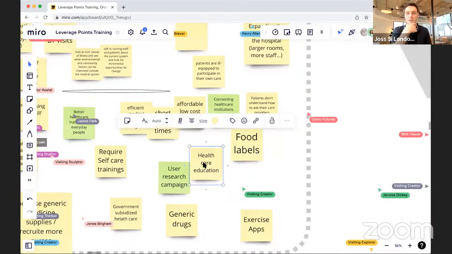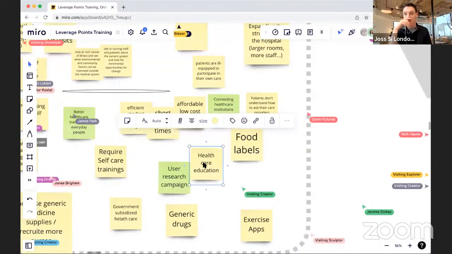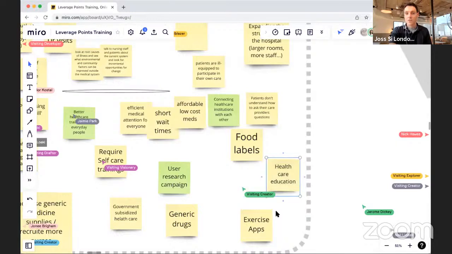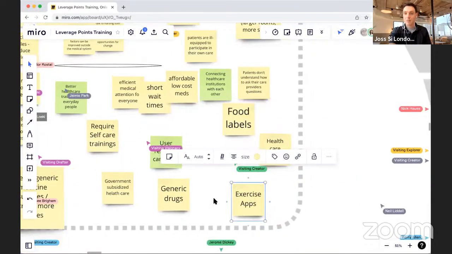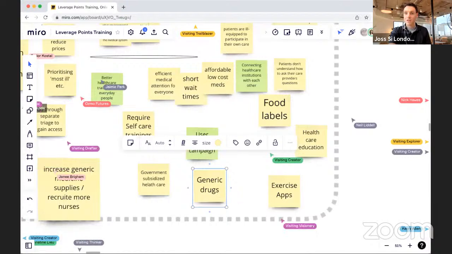I'd say healthcare education depends on what kind of education, but that might be getting to the mental models level because we're trying to change people's thinking. So an exercise app, potentially, yep. Generic drugs. Drugs are definitely a good example, aren't they, of trying to patch over healthcare problems.